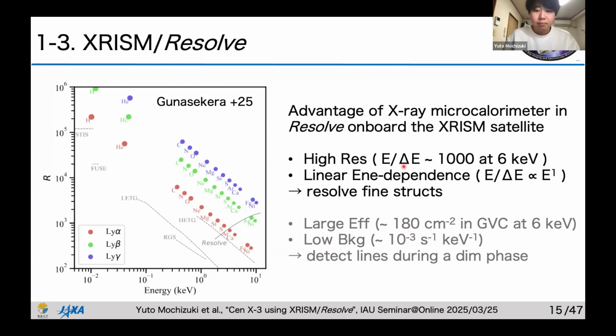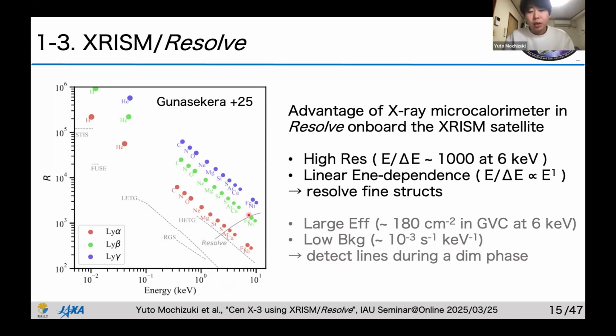It also has a unique energy dependence of energy resolution. The left figure shows energy versus energy resolution, E over delta E, highlighting the resolvable Lyman series, Lyman alpha, beta, gamma. The dashed lines represent the grating detector, and this line shows Resolve.